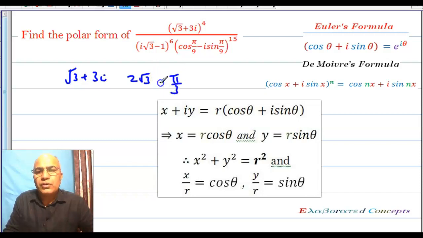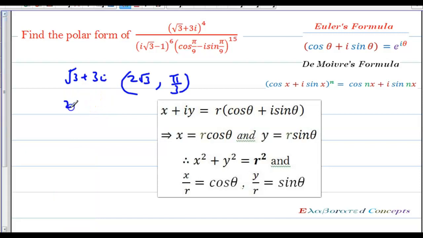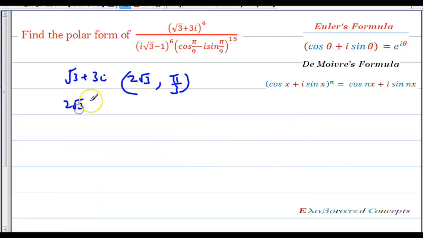So its polar coordinates are 2 root 3 comma pi by 3. Therefore, root 3 plus 3 iota can be written as 2 root 3 times e raised to iota pi by 3.